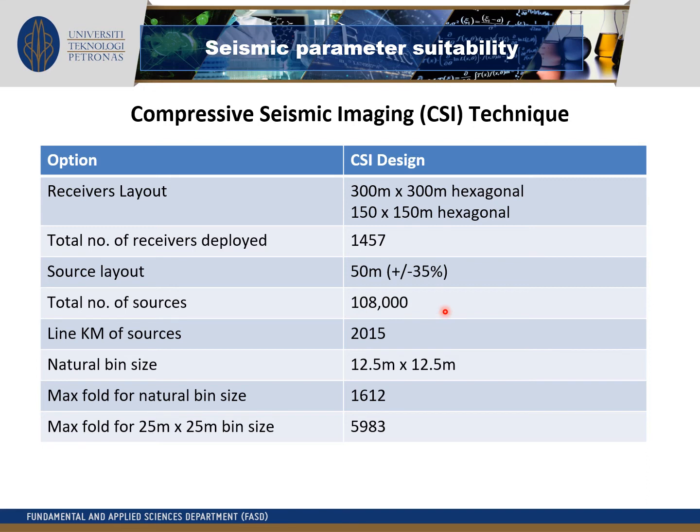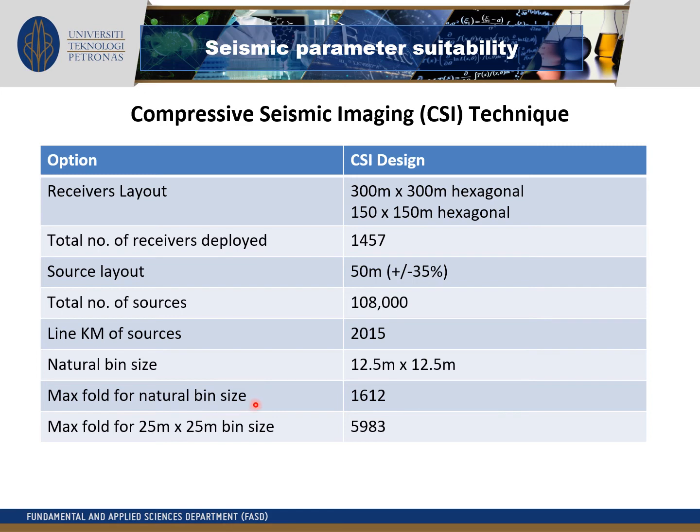So the more sources and receivers, naturally, the more accurate data we will be able to achieve. Line kilometer of sources will be about 2015. Natural bin size would be 12.5 by 12.5. This is much more preferred compared to a bigger size, because when you have smaller bins, you will be able to get higher resolution.